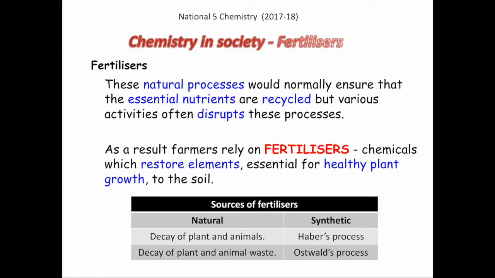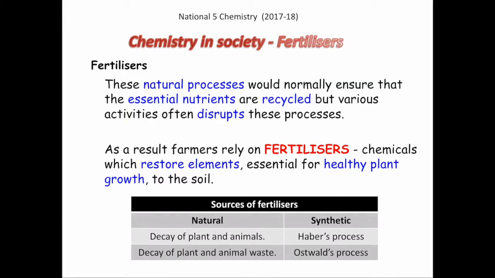Now, there are various sources of fertilizers. They can be natural sources or synthetic sources. So, if we look at the sources for ammonia, the natural process would be decay of plants and animals, and the synthetic process is the Haber process, which we will discuss in a while.